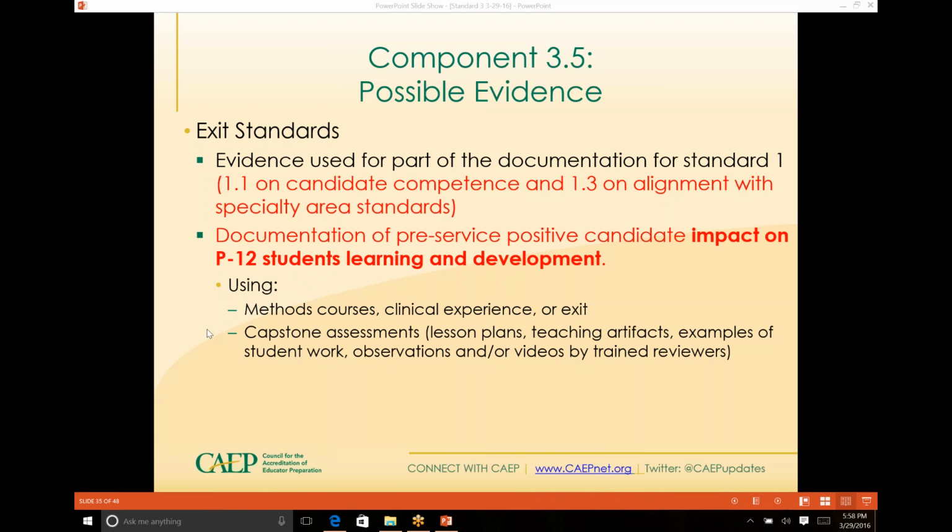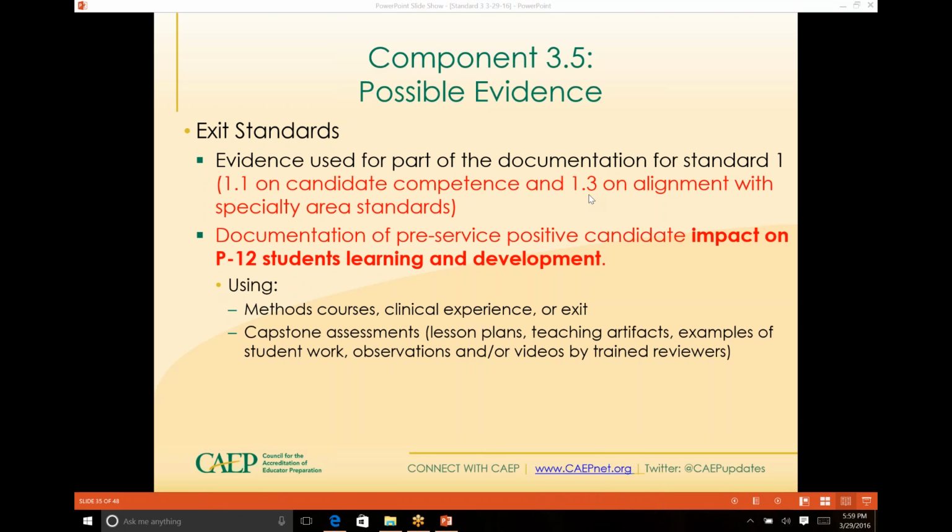And as you can see here as well, evidence that is used for part of the documentation for Standard 1 is to be expected here in Standard 3. And I mentioned that you can cross-tag and cross-reference some of your evidence here. So you can use your evidence from 1.1 on candidate competence and present that here under component 3.5 to show that at exit your candidates have strong content knowledge, pedagogical skills, etc., etc. And you can also upload information on the alignment of specialty area standards.